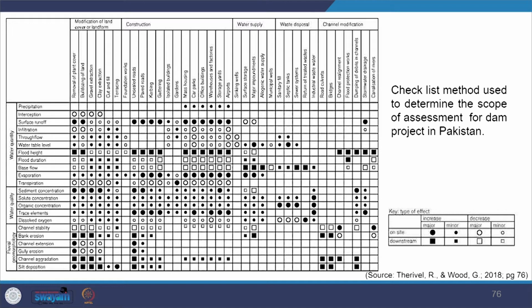So you can see the checklist here. We also find scoping checklists for potential water related operational impact with particular reference to dam schemes. Checklists are simple methods used in many stages of EIA, so we are just looking at this particular stage.